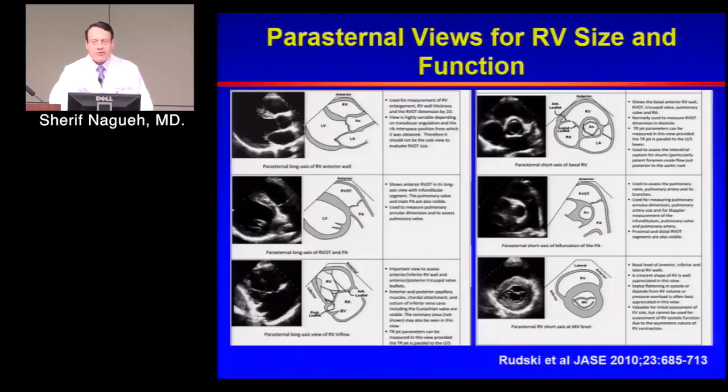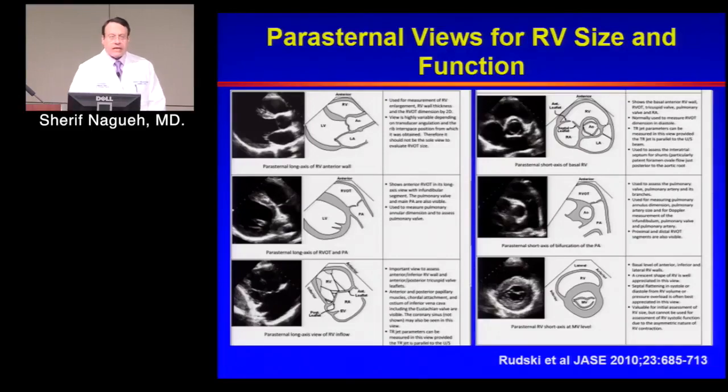Having said that, these measurements are usually your first look at the right ventricle. And many times they will be signaling to you that there may be issues with the RV size or with the RV function, albeit the wall of the RV here is thinner than the wall that you would measure, say, in an apical view or that you would see in a subcostal view.